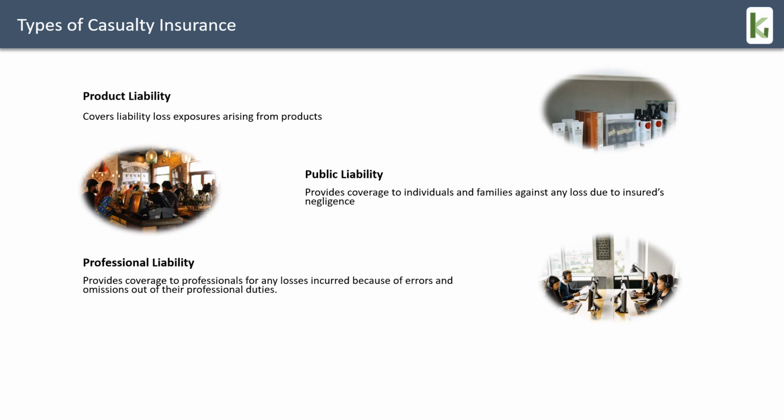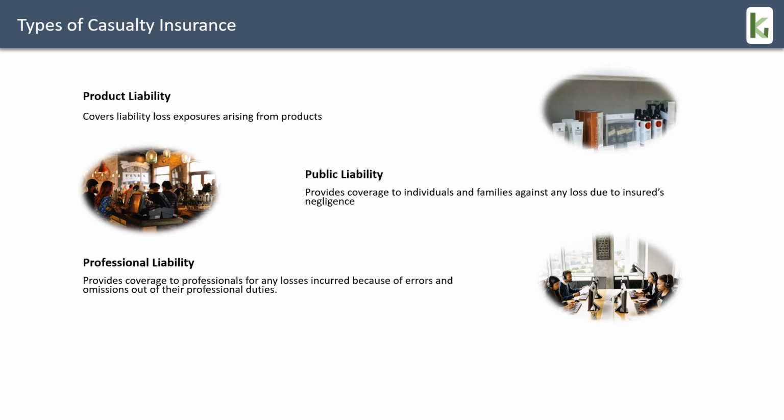This includes accidents or incidents that occur on their property or as a result of their activities. And professional liability is a legal responsibility of a professional such as a doctor or lawyer for any errors and omissions in their work that may cause harm or injury to their clients. This is often referred to as malpractice in case of medical professionals.